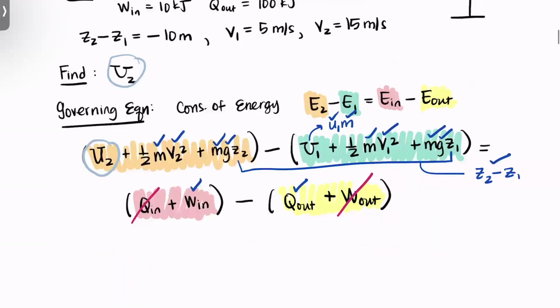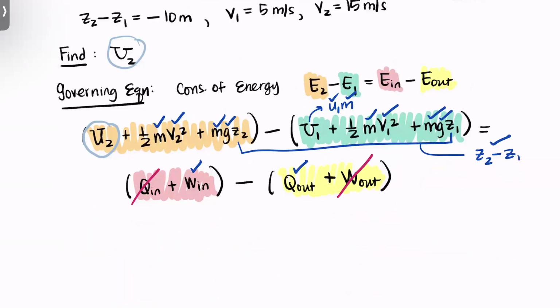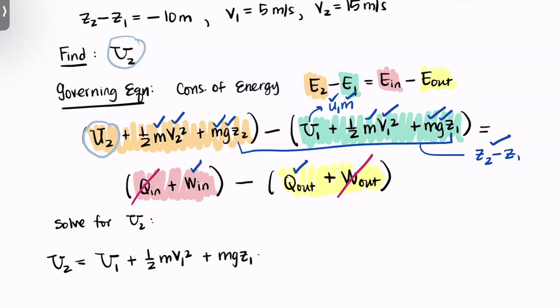Okay, so what I'm going to do first is solve for U2. So I have U2 is equal to U1 plus 1/2 mv1 squared plus mgz1 minus mgz2 minus 1/2 mv2 squared plus W in minus Q out.